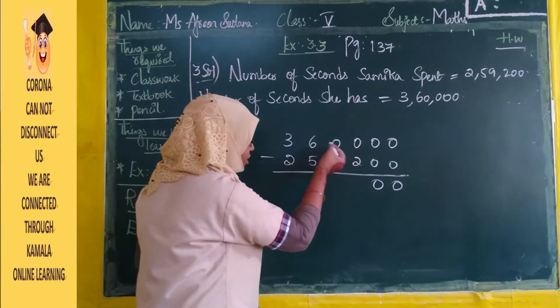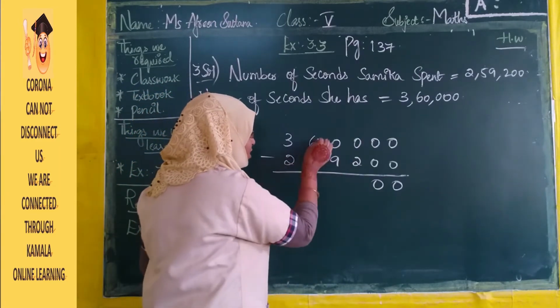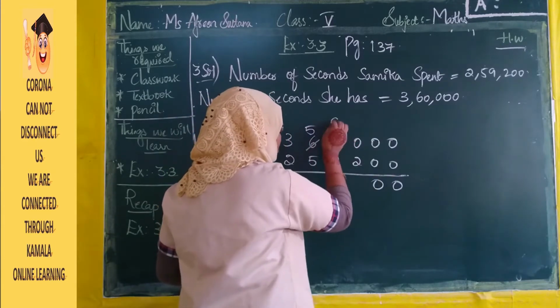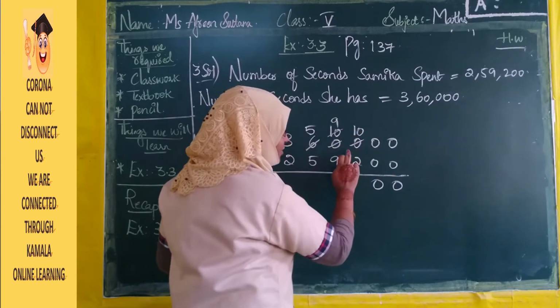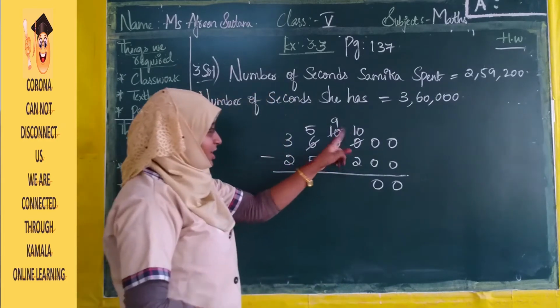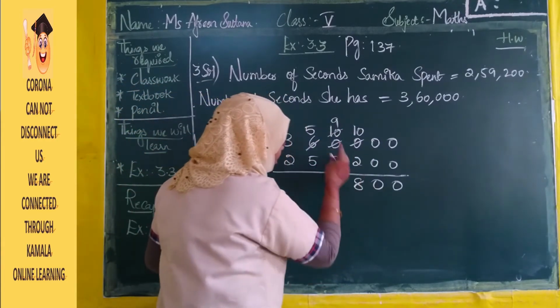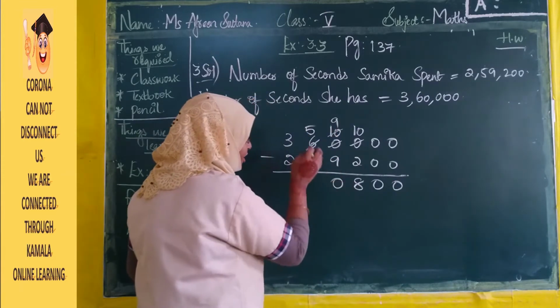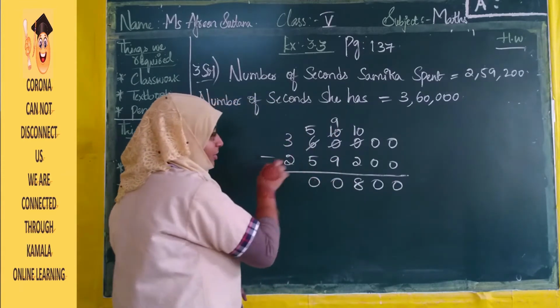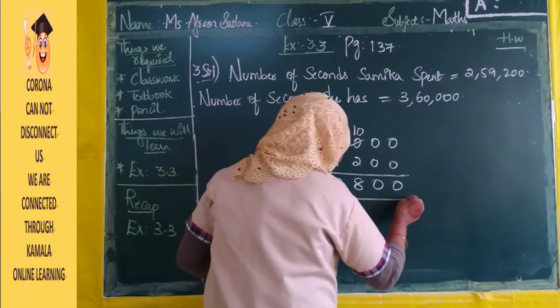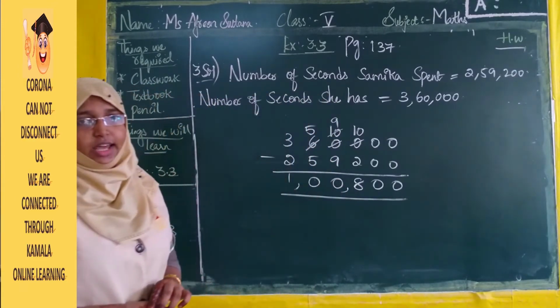The next number is also 0, so we move to the next. Now this becomes 5, then 10; as you are carrying, this becomes 9, and this becomes 10. So 10 minus 2, very good, 8. 9 minus 9 is 0. 5 minus 5 is 0. 3 minus 2 is 1. So if you put the comma, that is 1,00,800 seconds are left.